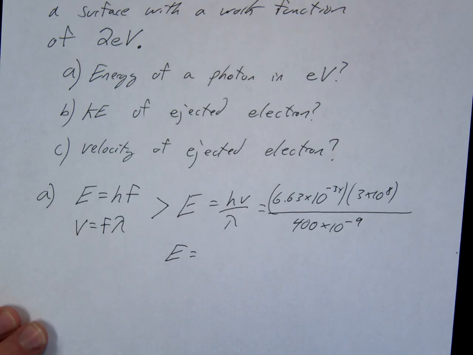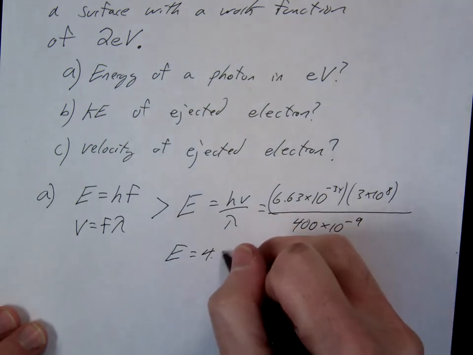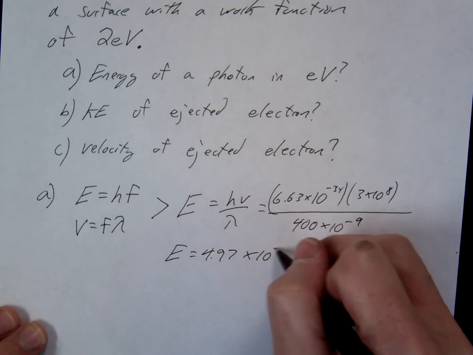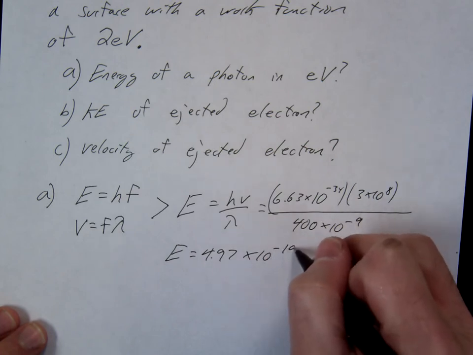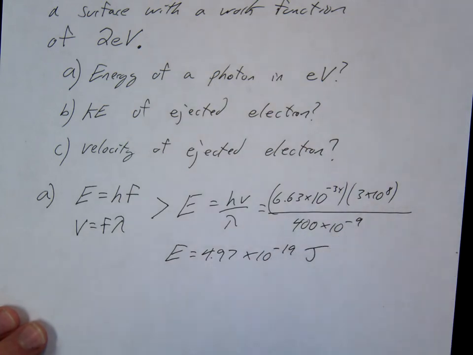So what do we get for energy? Help me out, guys. 4.97 times 10 to the negative 19 joules.